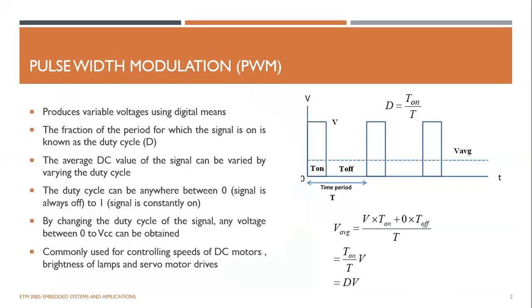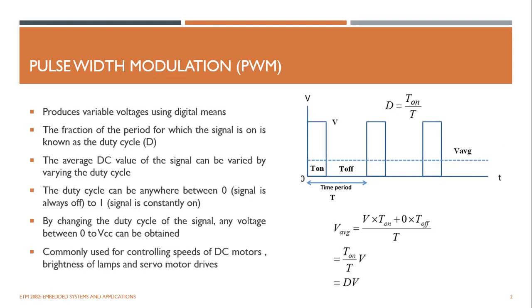Speed control of DC motors is basically done using pulse width modulation, also known as PWM. PWM is used to generate a variable DC voltage using digital signals. Generating a variable output voltage can be done using a digital to analog converter, but that needs some special hardware.